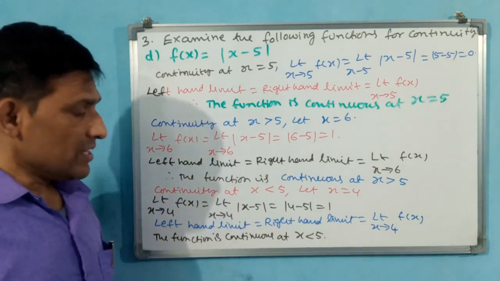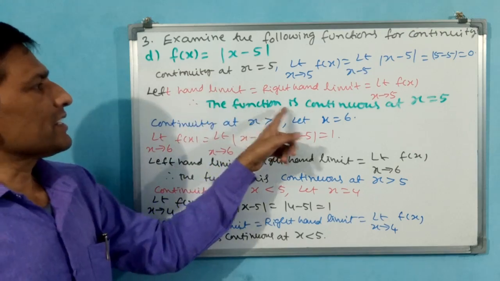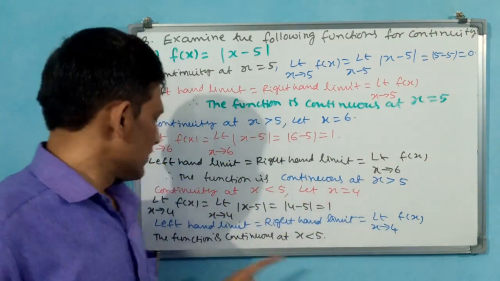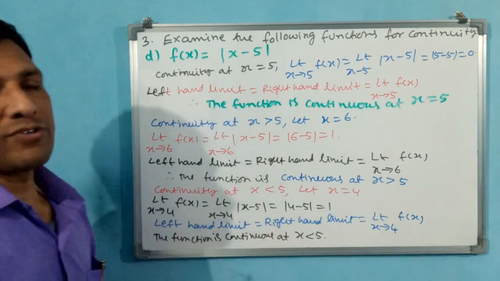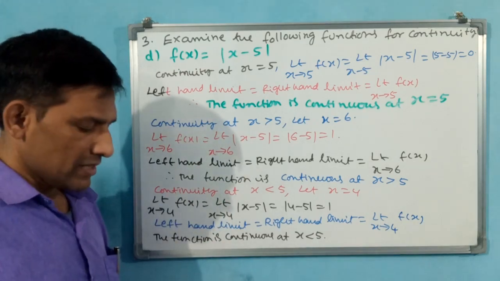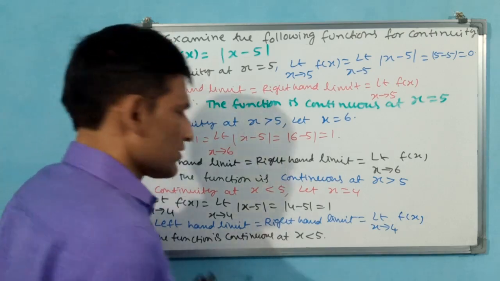Okay. See, now overview. The function is continuous at x is equal to 5. The function is continuous at x is greater than 5. The function is continuous at x is less than 5. Then what can you write? You can write this is a continuous function finally.